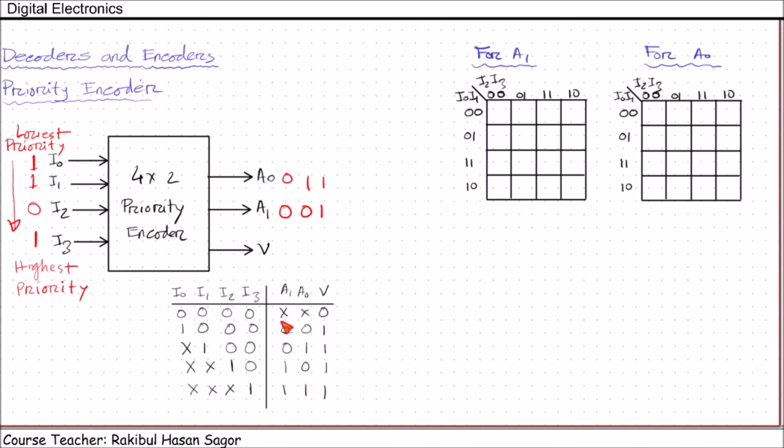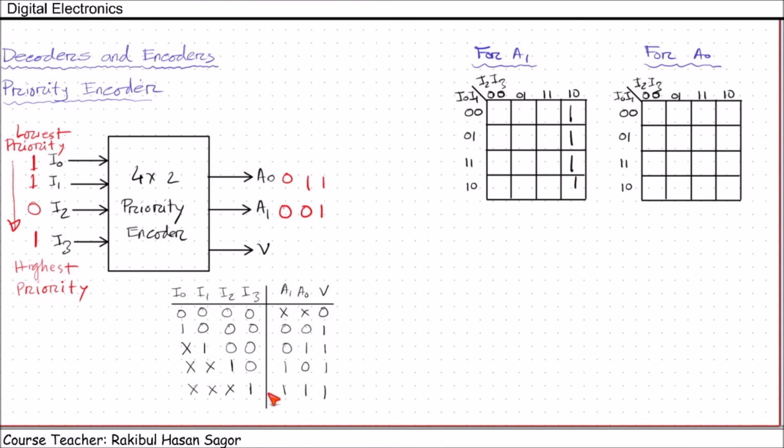For A1, A1 equals 1 when I2 equals 1 and I3 equals 0, and I0, I1 are don't care conditions. So for all the combinations of I0 and I1, this is true. We have I2 equals 1 and I3 equals 0 in this column, and we can write 1 for all the combinations of I0, I1.